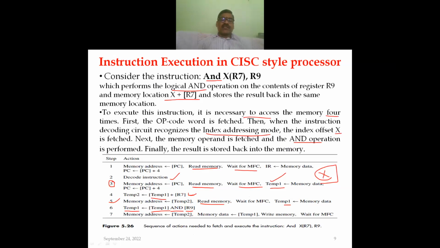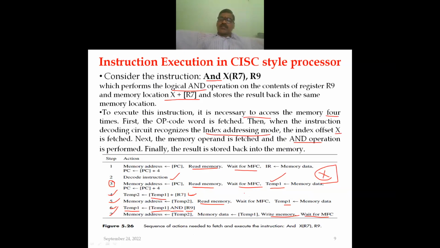Now the temp2 contents are loaded into the memory address, and the temp1 contents are loaded into the memory data, and the write memory operation is issued, and once a read or write memory operation is issued, we wait for MFC. So these 7 steps are performed by the CISC processor to execute this particular logical AND instruction. Fine.